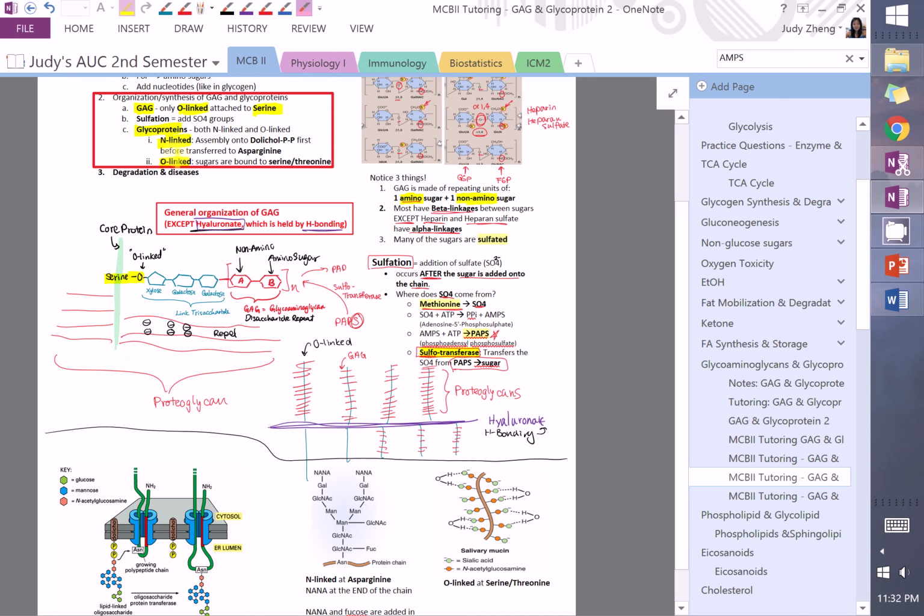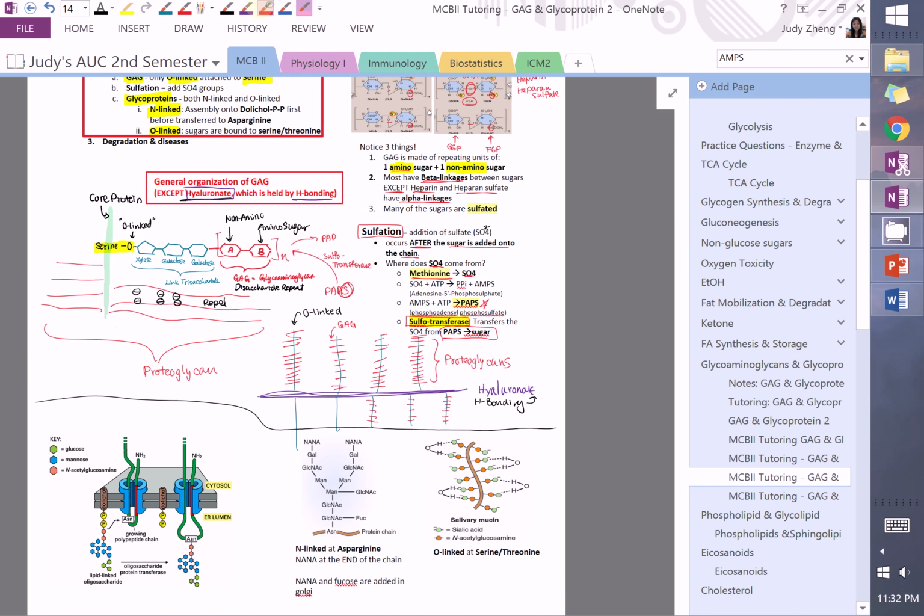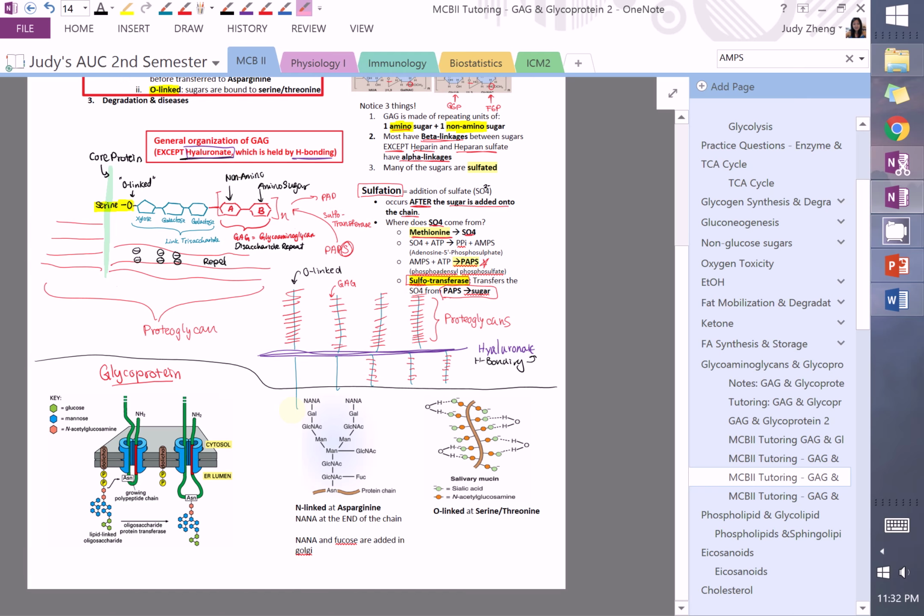So you need to know a little bit more specifically about how the N-linked is assembled. This is how N-linked is assembled.